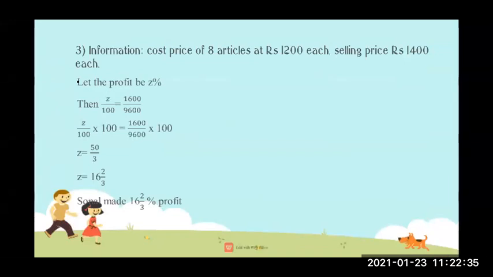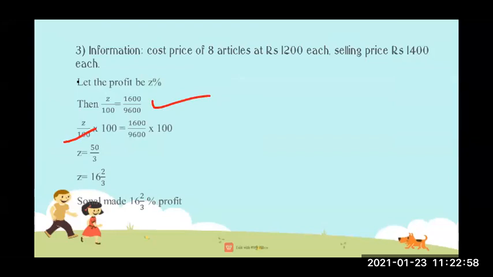Now my profit is how much? My profit is rupees 1600 and my cost price is rupees 9600. So here we will multiply both sides by 100, that is, Z upon 100 multiplied by 100 equals 1600 upon 9600 multiplied by 100.